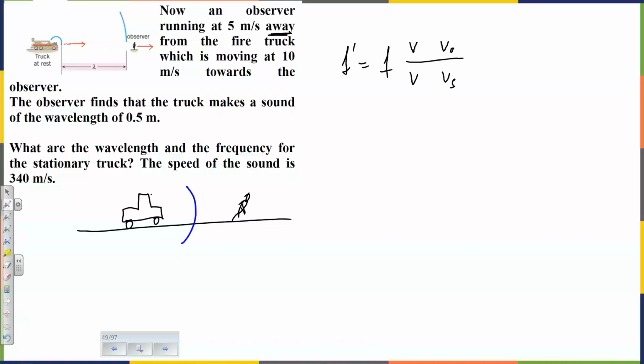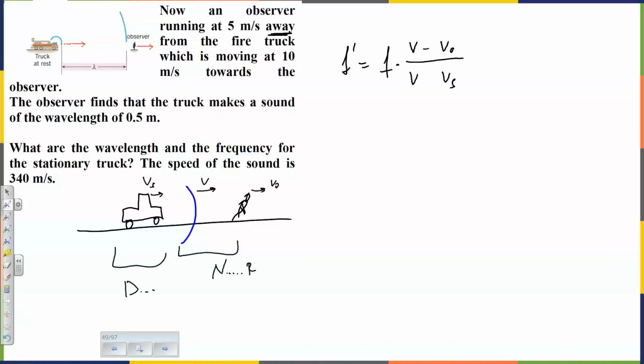So what we have here is source, observer, speed, and the numerator. We should decrease the frequency, a minus.